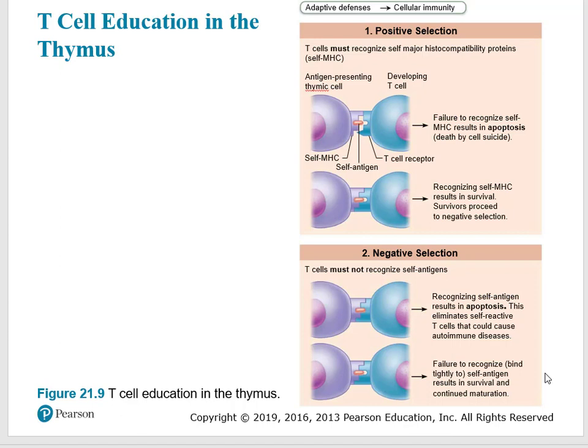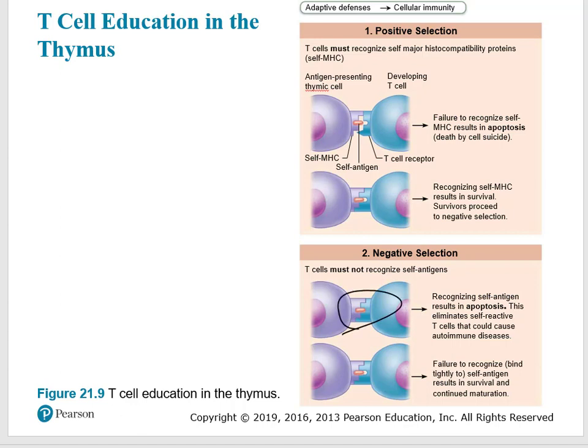The self-antigen, that's your MHC, carries the protein either from within your own cells or from a cell that it has engulfed through APC cells. So whatever piece of protein the MHC is displaying, if it is your own cell, you should not attack it. If they bind to it, then you're done.